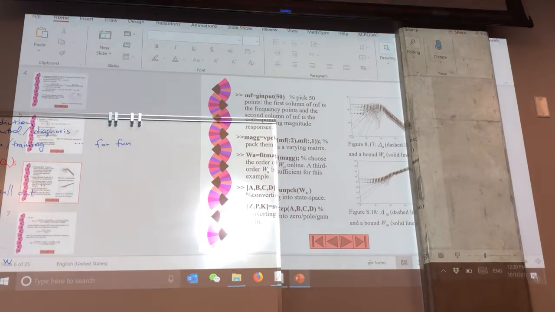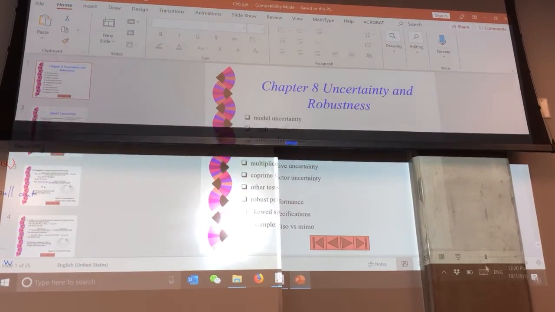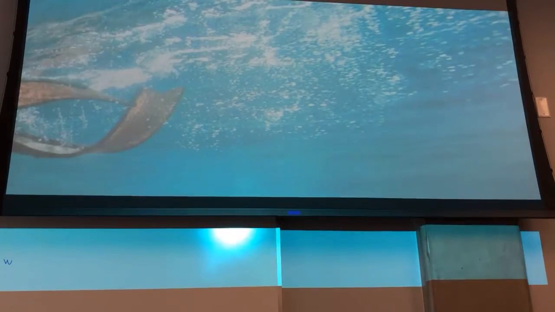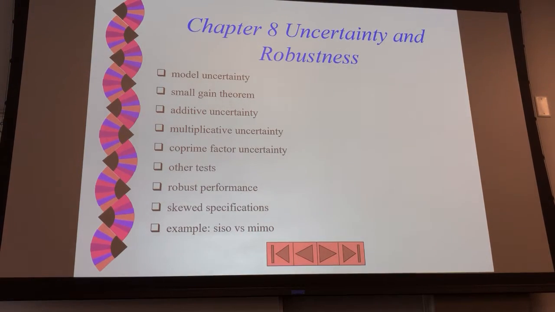Perfect. So there are many topics in this chapter 8, uncertainty and robustness. So I already mentioned the robustness.